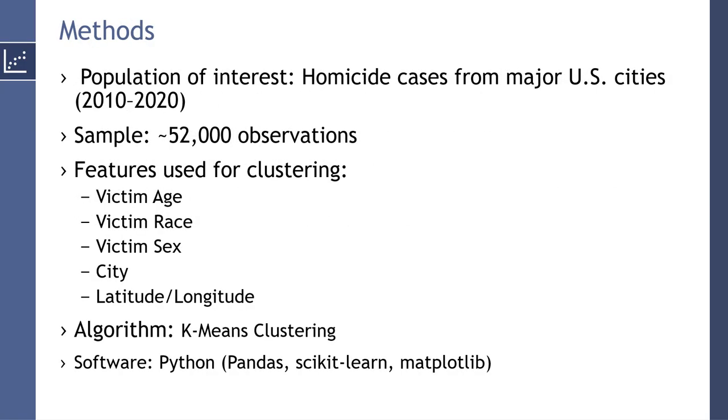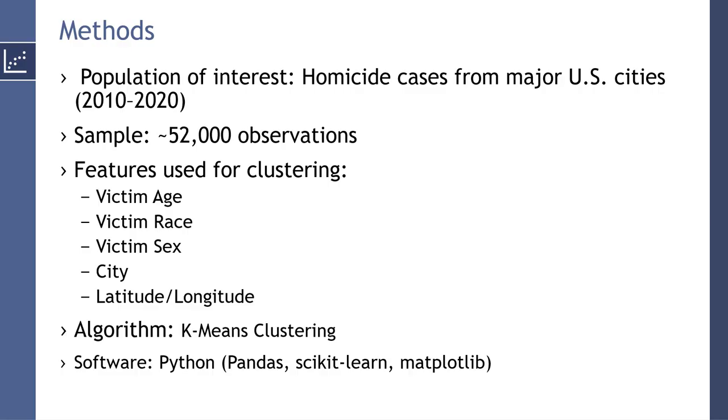Okay, some methods, and this is talking about the data and some of the features. I mentioned that the data set itself has 52,000 unique values, and these are actually homicide cases. They're drawn from the full data set, and for clustering, I selected features like victim age, race, sex, and the city where the homicide occurred, and, as I mentioned before, the latitude and longitude.